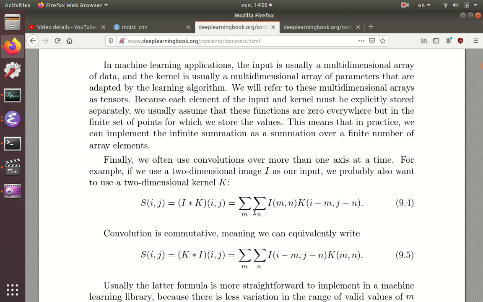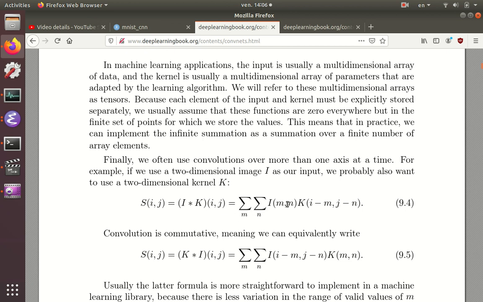It's not specifically written out here, but this sum over m and n means we try some pixel values around i and j. So maybe if you have a kernel which is 5 pixels by 5 pixels, m is going to be 5 pixels to the left or right of pixel i, and this sum over n is going to be the sum over 5 pixels up or down of pixel j.